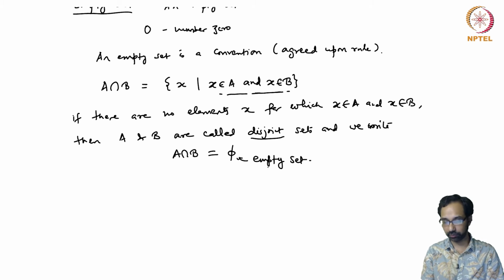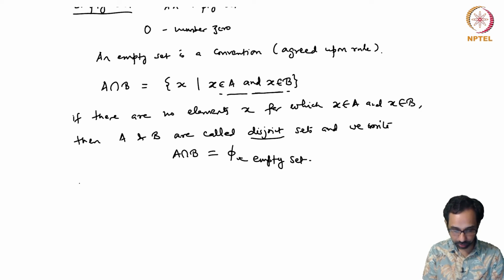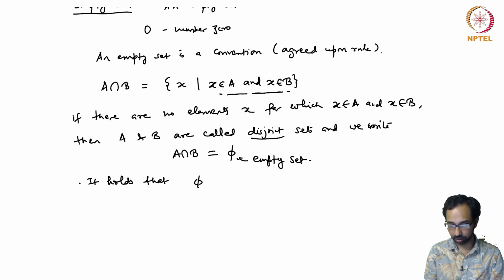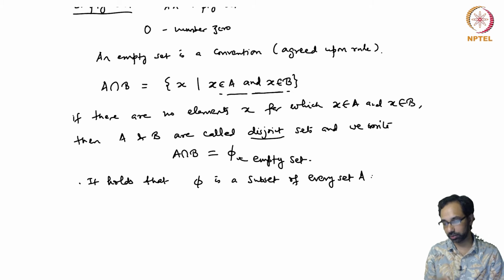So this is by convention, and with this convention, it is true that phi is a subset of every set. Okay, let's call it A. So for any given set, this empty set will always be a subset.